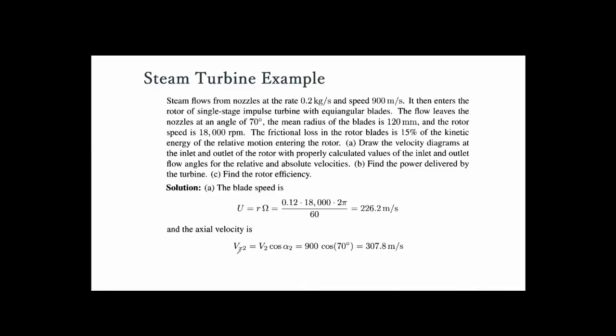Vx2 equals V2 cosine alpha 2, where V2, we know from the question, is 900 meter per second, and alpha 2 is 70 degrees. So we plug in the values into this equation, and you will get Vx2 equal to 307.8 meters per second.